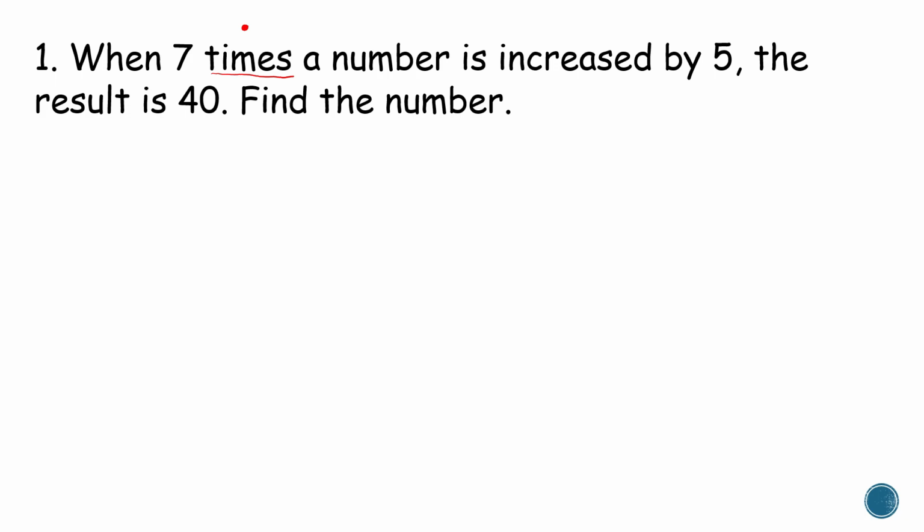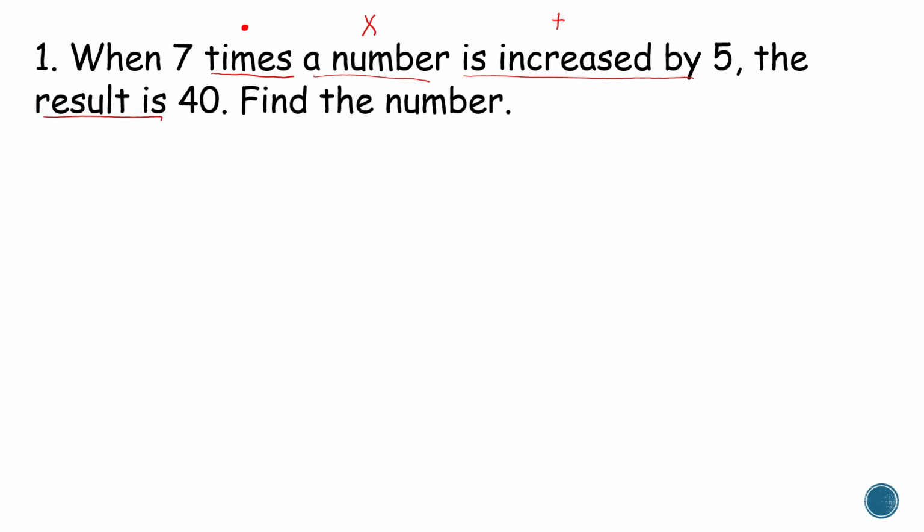A number. Now this is crucial right here, because this is the part of your problem that you need to convert into a variable. So 7 times a number that we don't know, so let's say that number is our x, okay. Is increased by, again, that's a mathematical operation, meaning addition. 5 is 5, obviously.